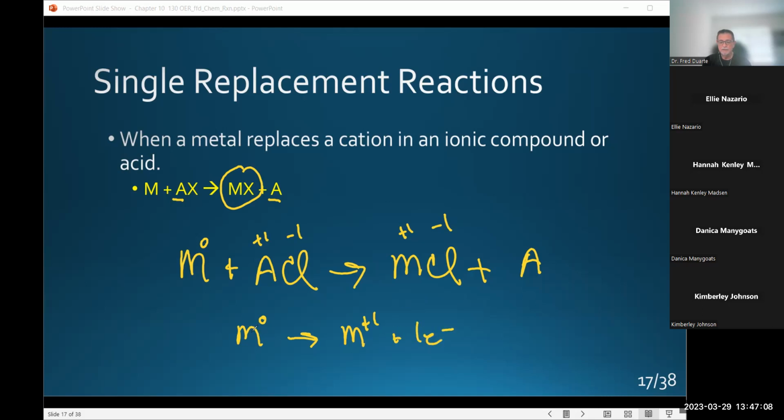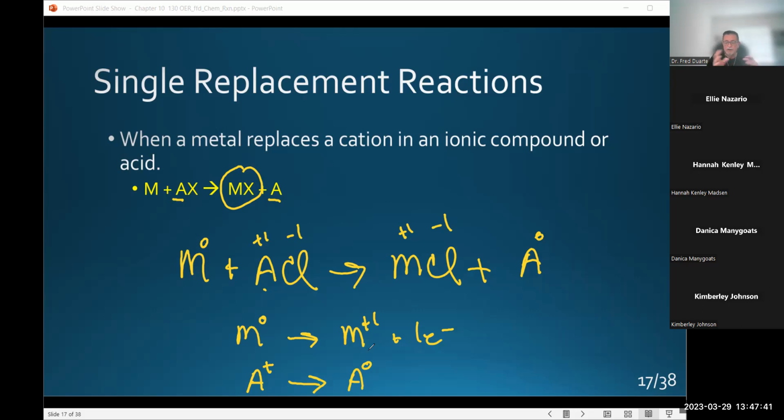Okay, for the metal to go from 0 to a +1, it loses an electron. Okay, and that has a specific name to it, and we're going to talk about that. Now if we look at the A, it starts off with a +1 charge, right? Because it's in the form of a salt. But then when it exchanges partners with M, it now goes to an elemental form with a 0 oxidation number.